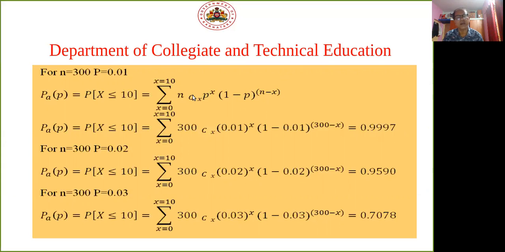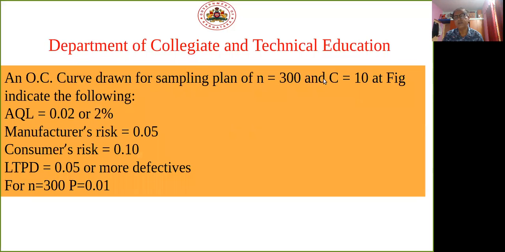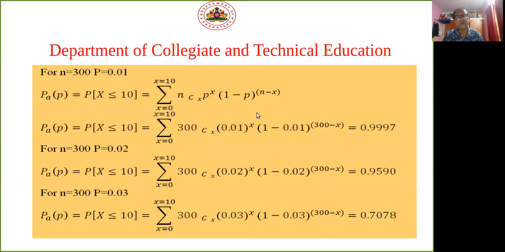In this formula x starts from 0 and ends at 10, because the c value is 10 here, so the x value will vary from 0 to 10. Now n equals 300 and p equals 0.01, and x remains as it is.